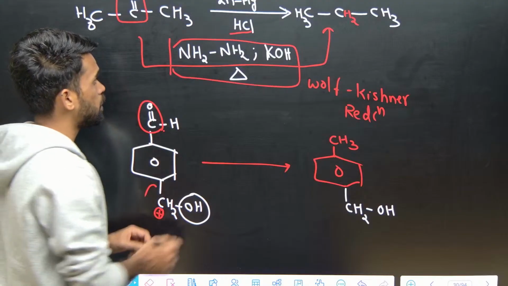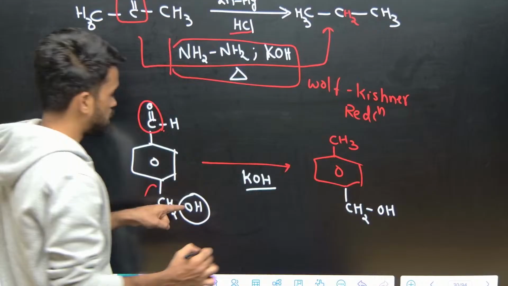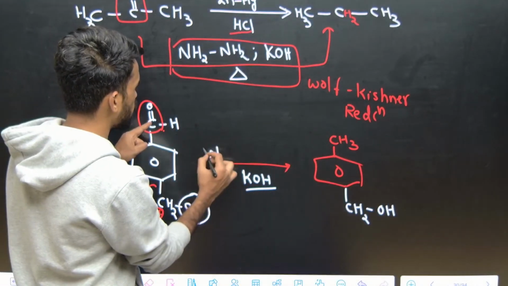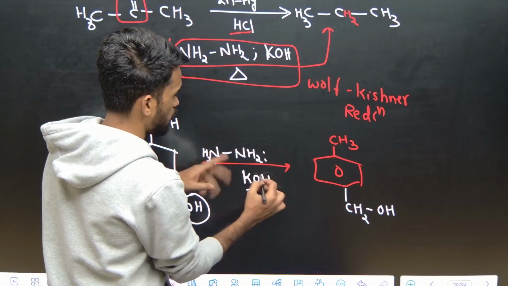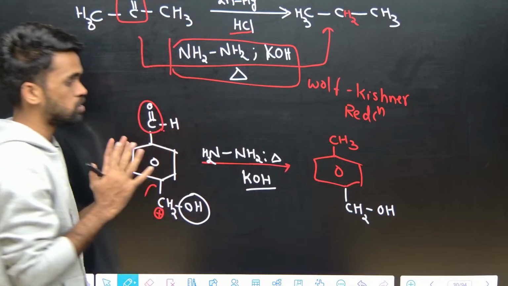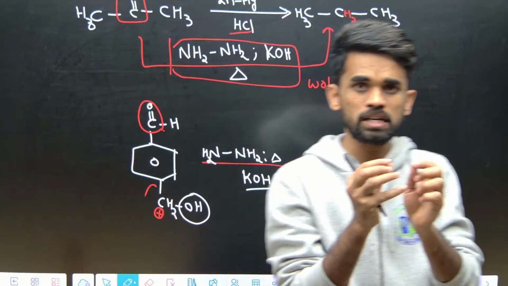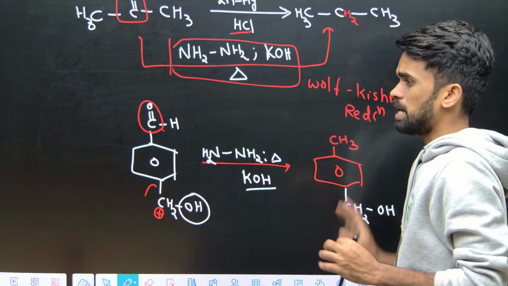For that purpose, if I use KOH in basic medium, this base will not disturb the OH. Only this group will be converted into the respective alkane with hydrazine, KOH under heating condition. This is the way you need to understand what specific reaction is to be used for a given transformation.